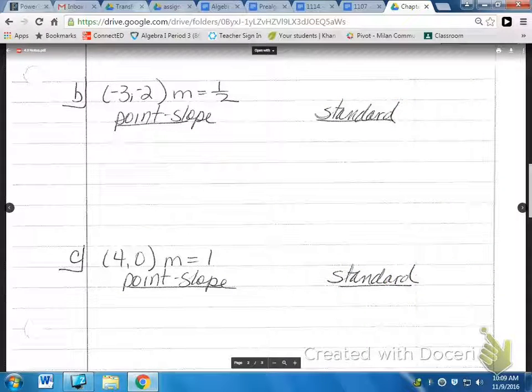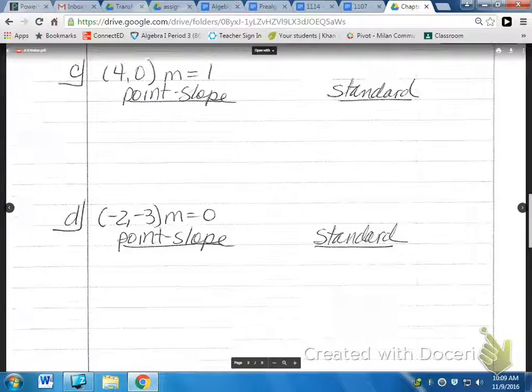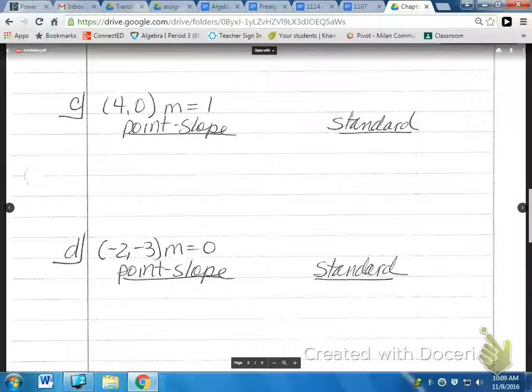All right, let's go to example C. 0, 4, and the slope is 1. So when I write my point slope form, y minus y1 equals m times x minus x1.